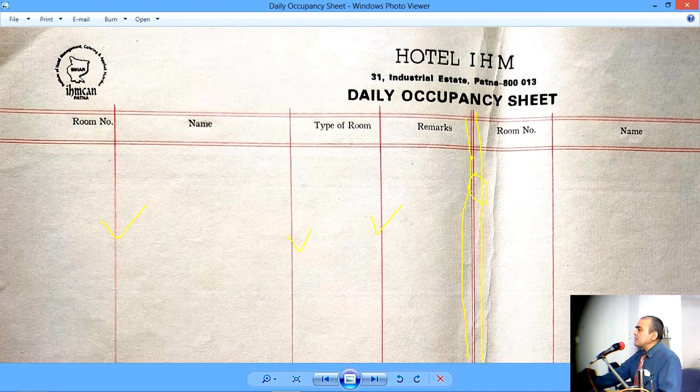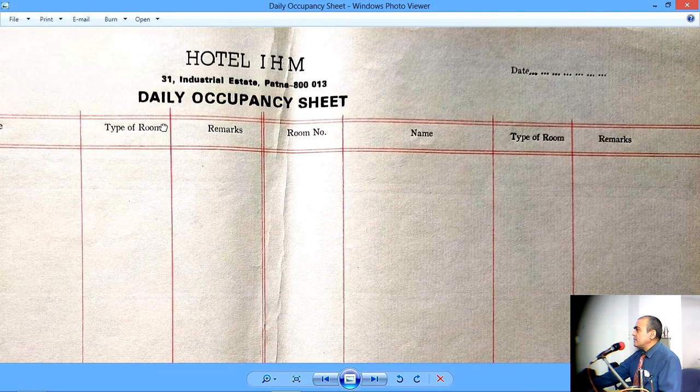Which means this document has two distinct parts. In fact, this part is duplicated on the other side as well. Let me show it to you. As we move this side, you will notice that the same thing also exists here.